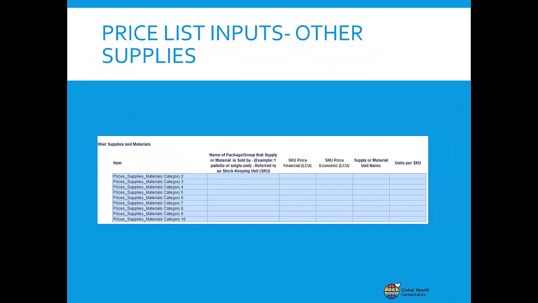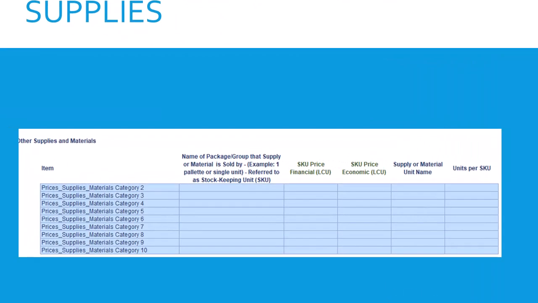Next, you're going to be putting in other supplies and materials that are not drugs or medical related supplies. At this point, we don't have any, but in case you need this, you can put in those other supplies and materials here in this area, and that would be this category.